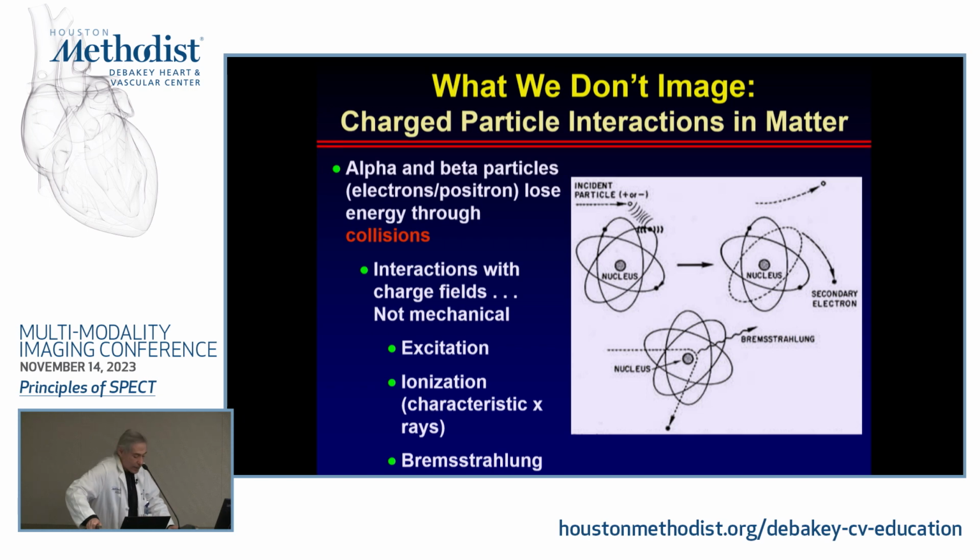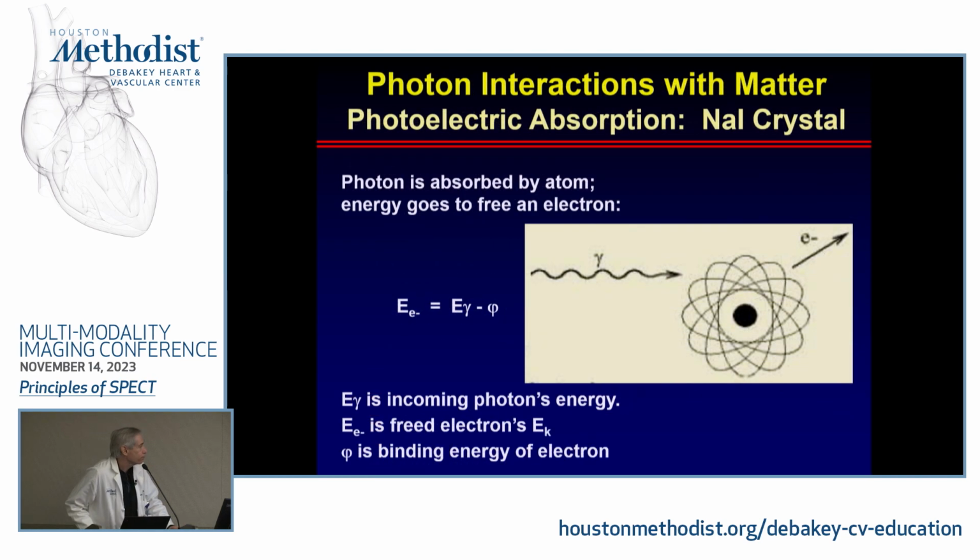And that is what we actually see, not in SPECT imaging or PET imaging, but actually in CT. That's the whole basis behind CT, is looking at characteristic X-rays and also breaking X-rays, Bremsstrahlung. So different techniques use different ways of looking at and using radiation to acquire images.